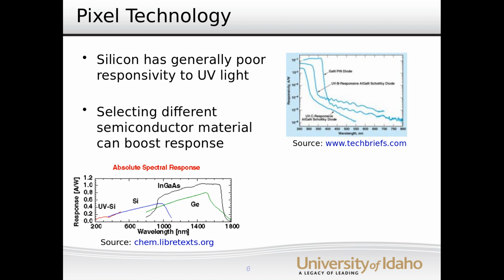Some possible downsides of switching to some of these other options is it can make processing more difficult. They might be a little bit harder to tune. And even with gallium nitride or the aluminum gallium nitride Schottky diodes, you can change the doping characteristics of that and get it to respond to different wavelengths as well. But this has the downsides that you've got to be more precise in your processing in order to get the response that you want.